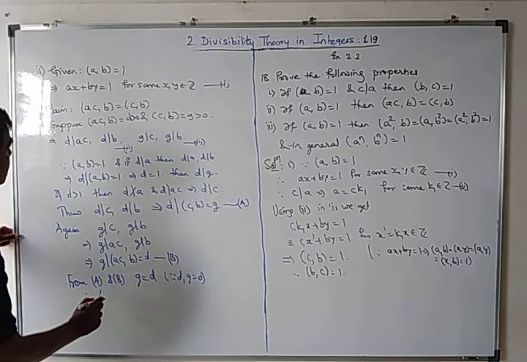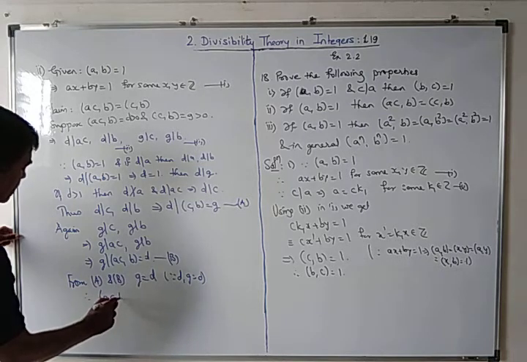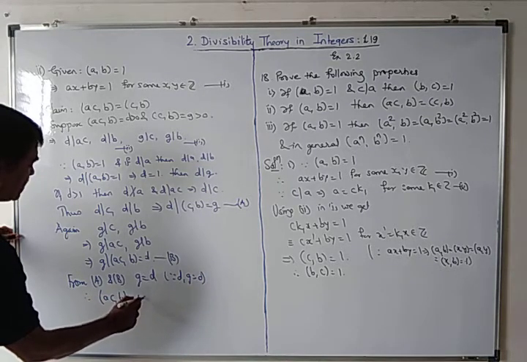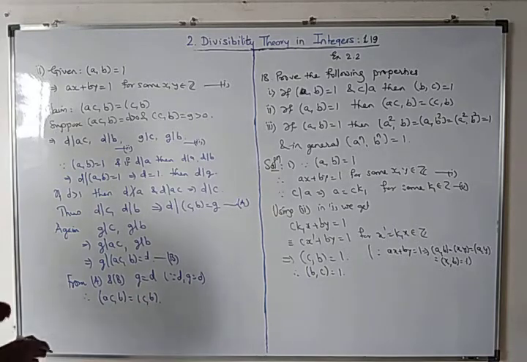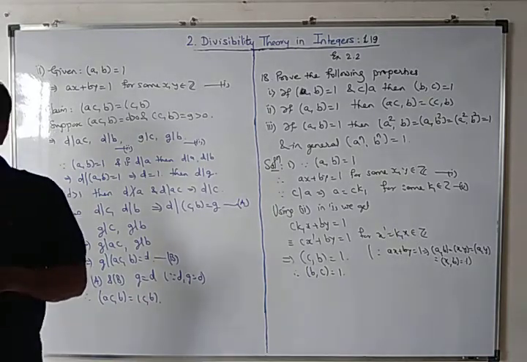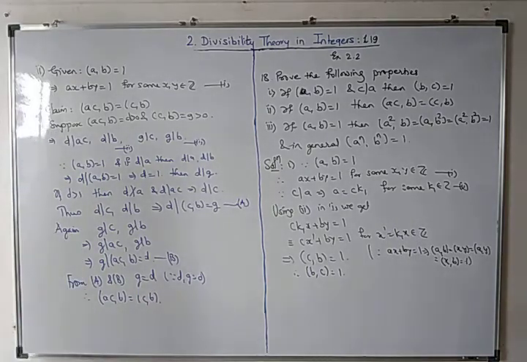Therefore, GCD of AC, B is equal to GCD of C, B. Thus, the result is proved.